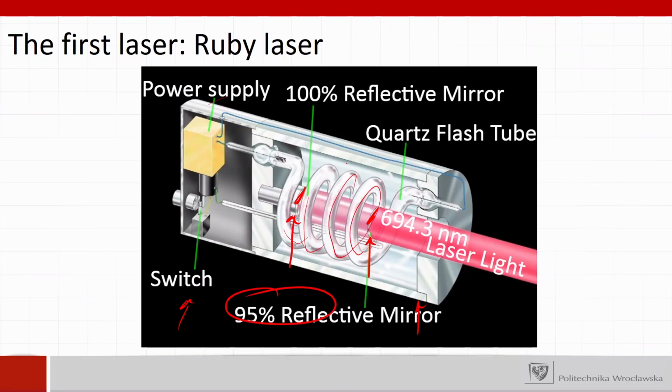And the housing was coated with metal inside, so that the light emitted from the flash tube was also reflected by this inner surface of the housing and directed once again to the ruby rod. And the ruby laser was emitting the wavelength of 694 nanometers.